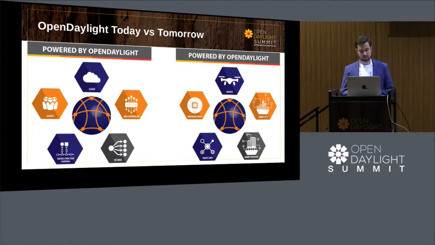For OpenDaylight today, it's mostly taken up by the plumbing of networking: the SDN controller, WAN controllers, service function chaining, the stuff you've been hearing about mostly today, except for the last presentation, which was on IoT. And that's where I see OpenDaylight going in the future. For Inocybe, OpenDaylight is the Linux of connected things.